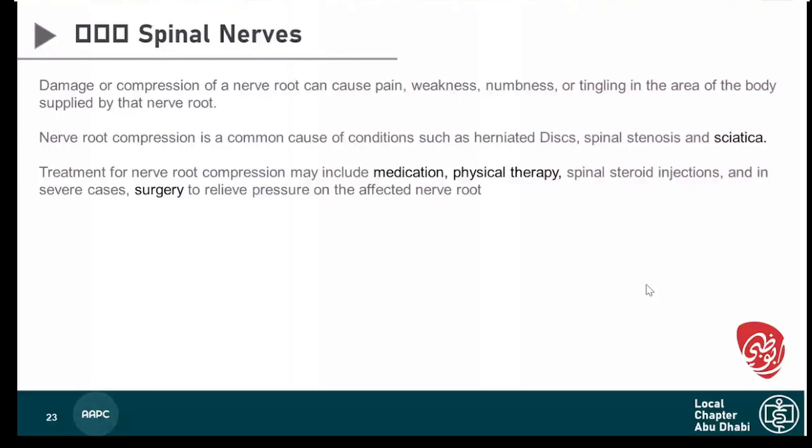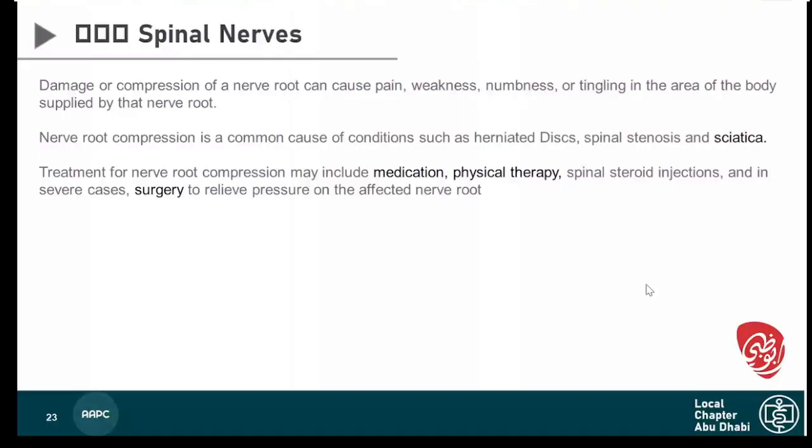That means if the spinal nerve root in the cervical region is affected, then it will cause radiating pain to the upper limbs.